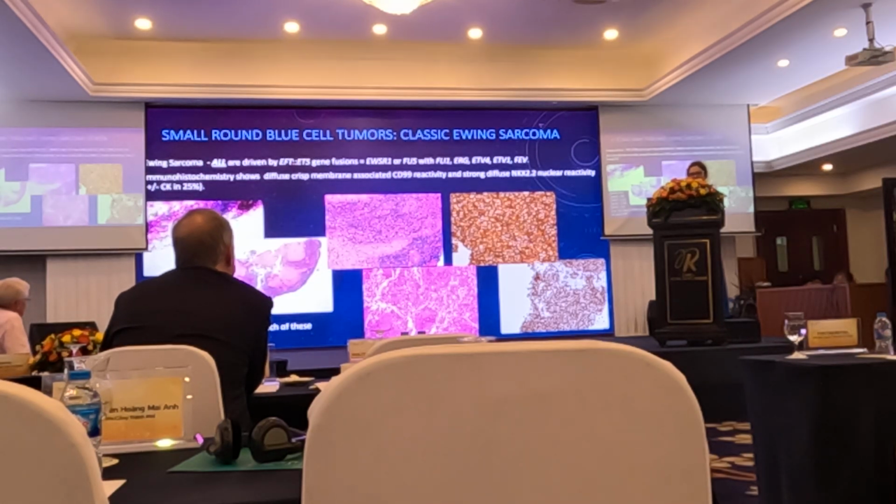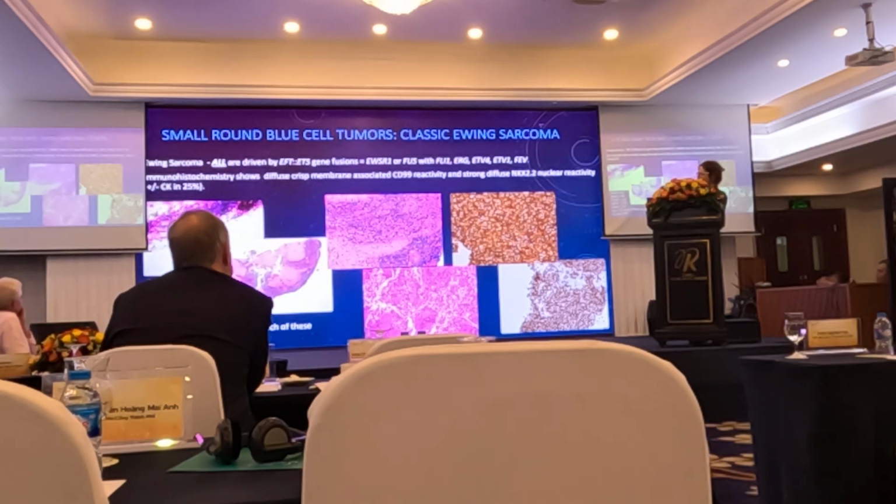But if you find that you're getting a very cellular population of round blue cells and they're remarkably monotonous, Ewing has to be very high on your list of differentials. You don't get that monotony in alveolar rhabdomyosarcoma, and you don't get it in osteosarcoma at all. Even in the variant forms of small round cell sarcoma, as I will mention in a moment, you tend to see a little more variability in the nuclei.